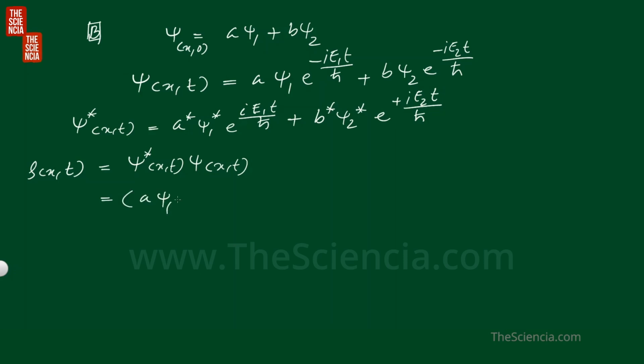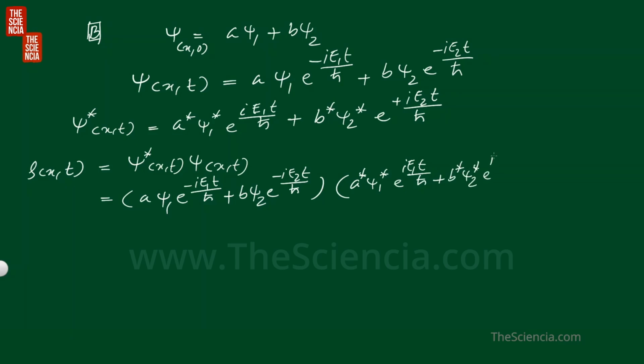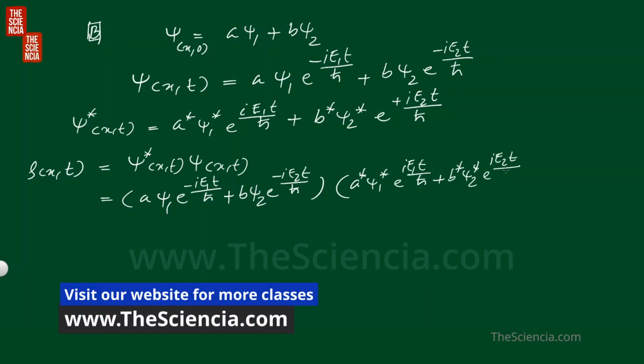A psi 1 e raised to minus i E1 t by h cross plus B psi 2 e raised to minus i E2 t by h cross into the second term, that is A star psi 1 star e raised to i E1 t by h cross plus B star psi 2 star e raised to i E2 t by h cross. Now multiply.